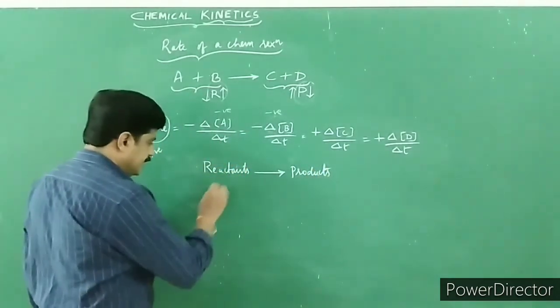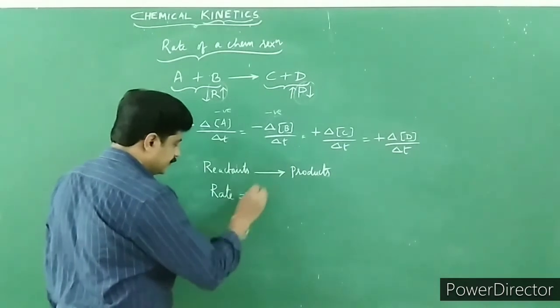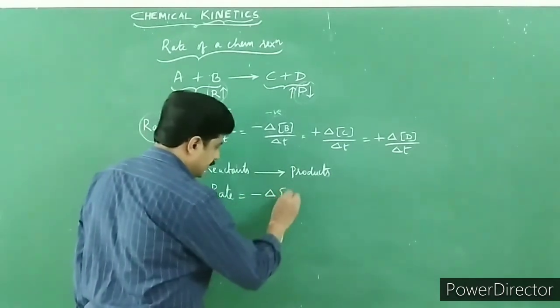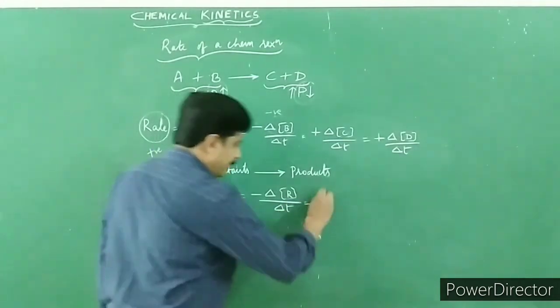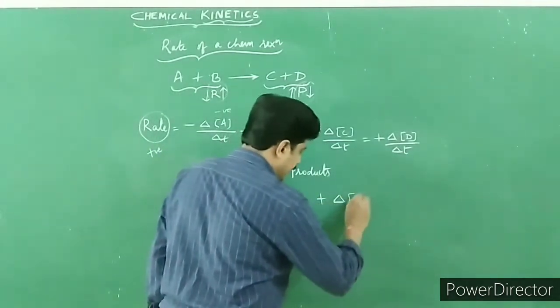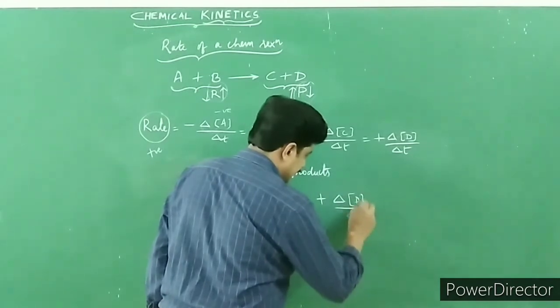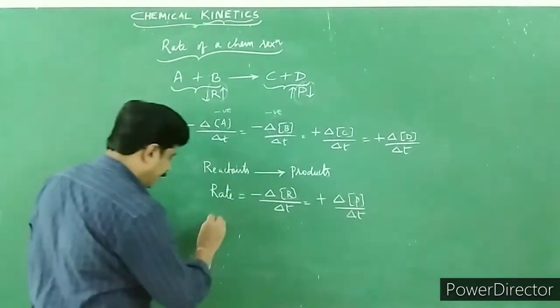Children, in this case, the rate is equal to minus delta R upon delta T, that is equal to plus delta P upon delta T. Children, look at here.